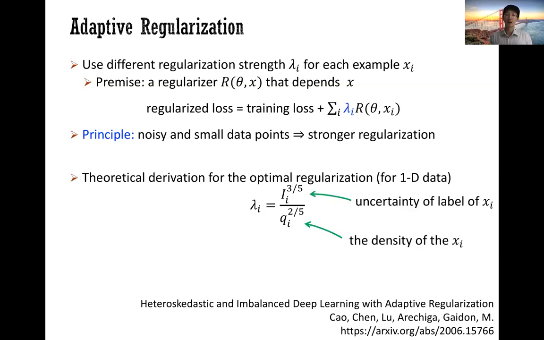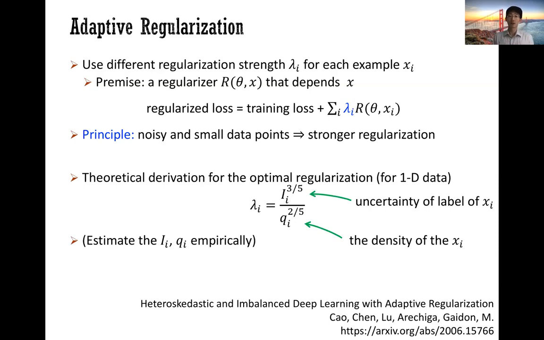Here, I_i denotes the uncertainty of the label of x_i, and Q_i measures the density of x_i. In parallel, you have to figure out some ways to measure I_i and Q_i. But if you have those, then you can just do this regularized version of the loss, and you optimize the regularized loss.